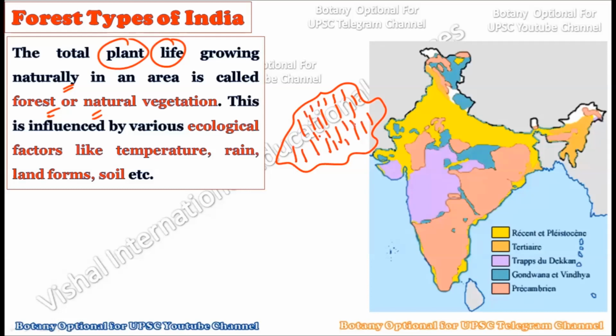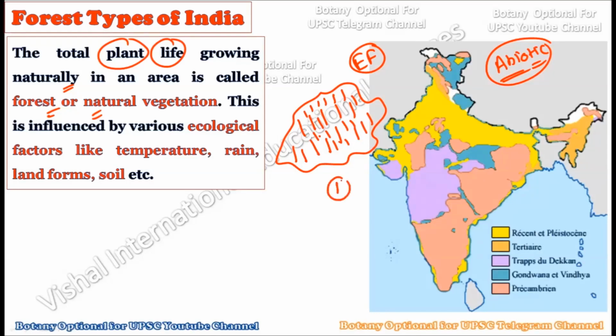It will all depend on the environmental factors how this particular forest is going to be created, because most of the time the abiotic factors play a major role in creating or not creating a forest anywhere throughout the world. Not only in India, throughout the world, the abiotic factors are controlling which type of forest is going to be created in that particular place.